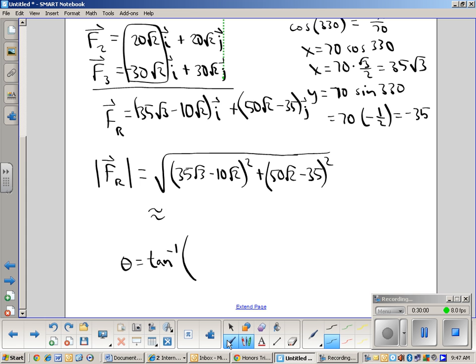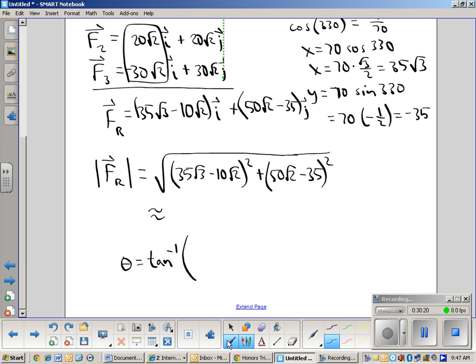Remember when we did unit circle, and we said sine is y and cosine is x, and tangent is y over x.